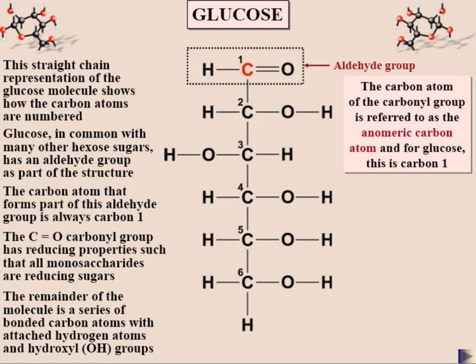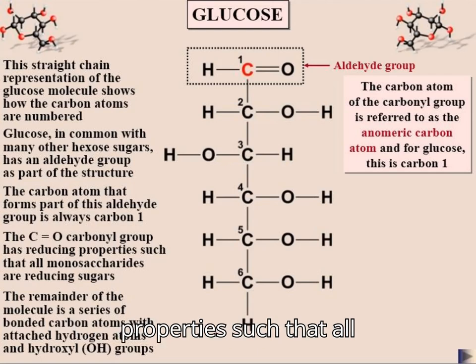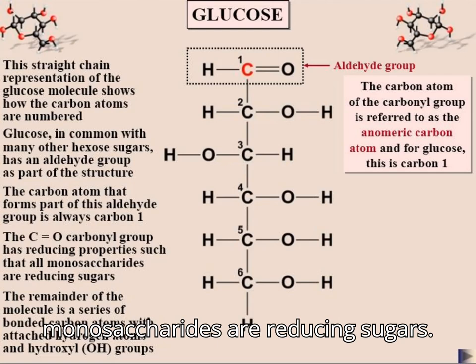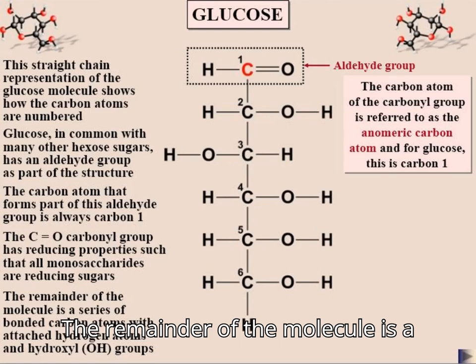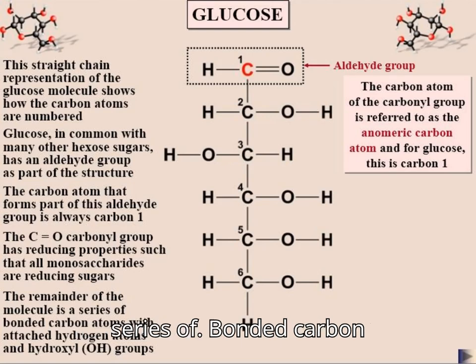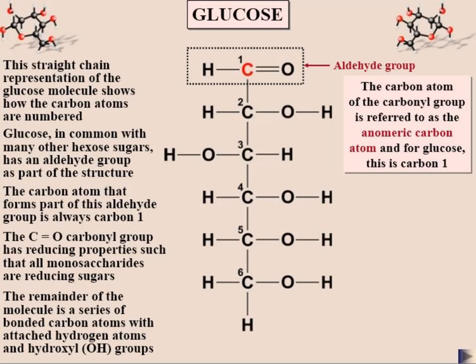The carbonyl group has reducing properties, such that all monosaccharides are reducing sugars. The remainder of the molecule is a series of bonded carbon atoms with attached hydrogen atoms and hydroxyl groups.